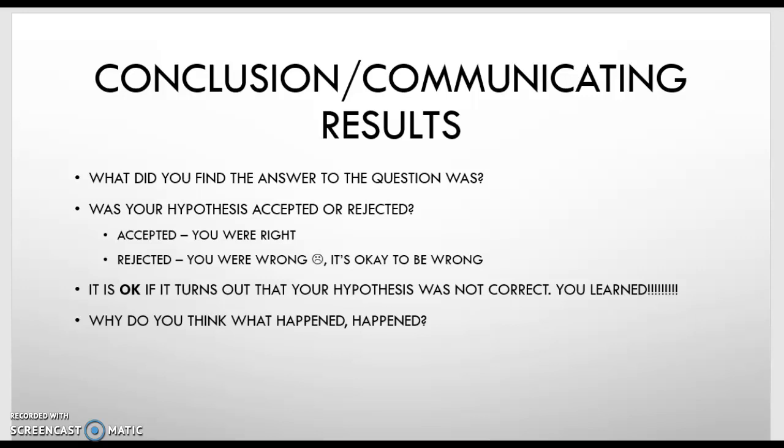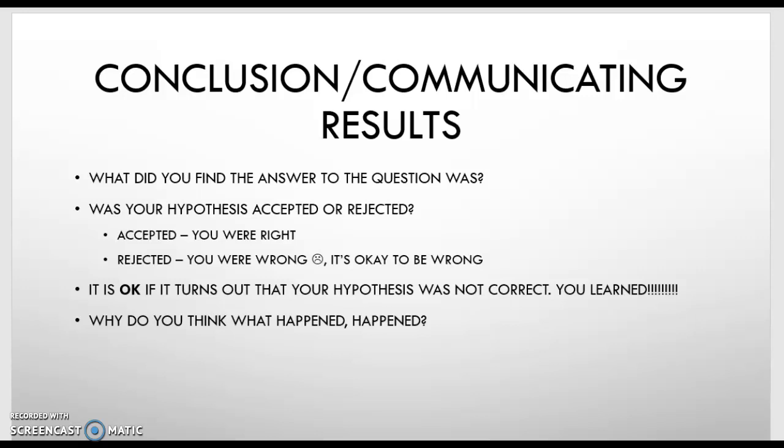Maybe they were cool, maybe they were unexpected. So this is your chance to tell the world what you found, right? What was interesting, what was weird? What did you observe that was not what you were expecting? Maybe your observations were exactly what you were expecting. So you'd want to write that down too. So this is the meat and potatoes of your paper.